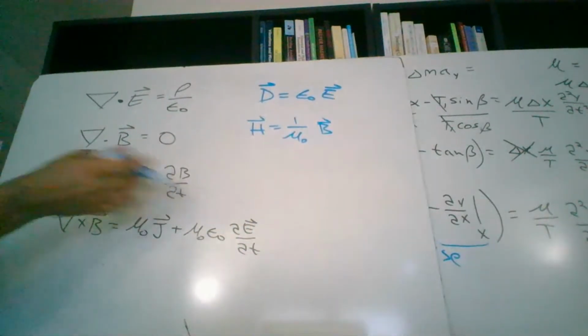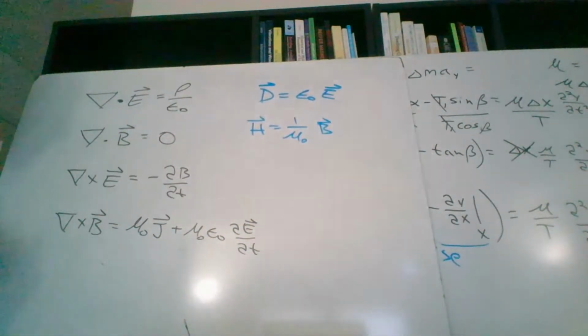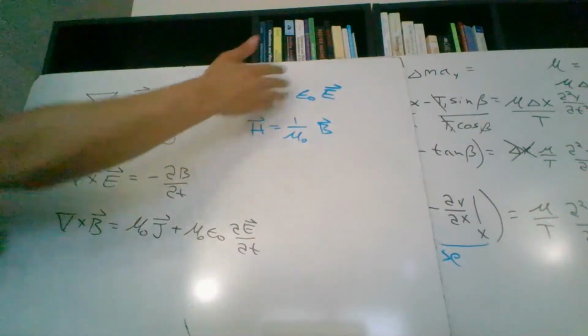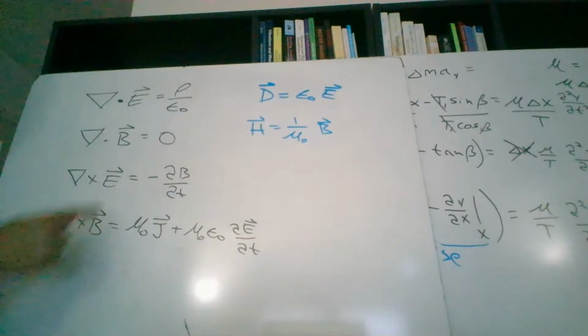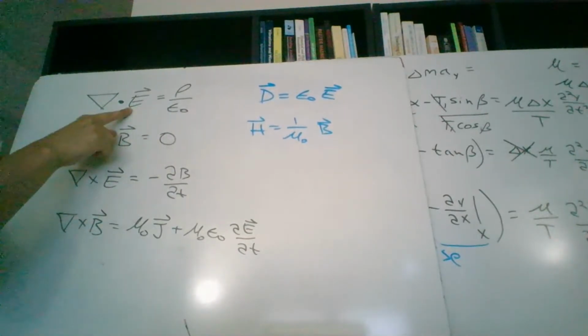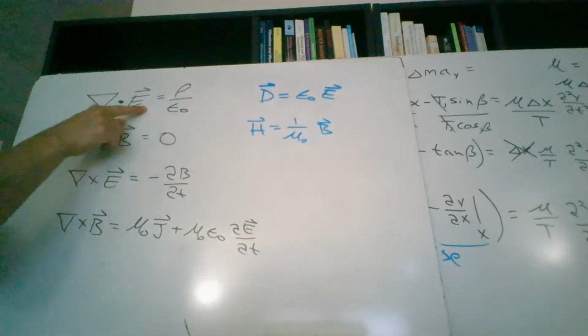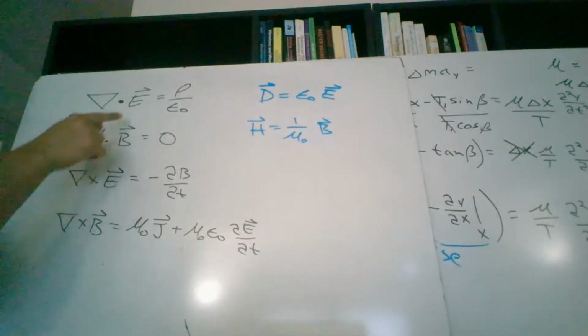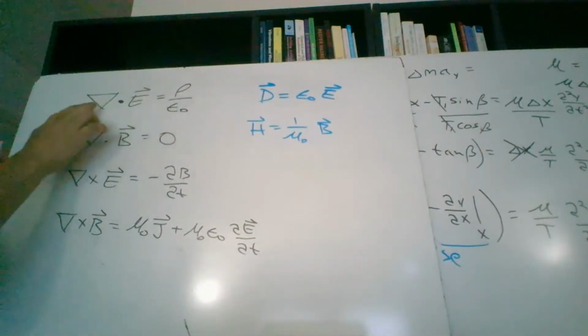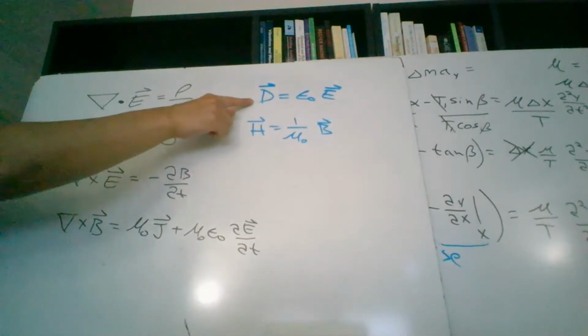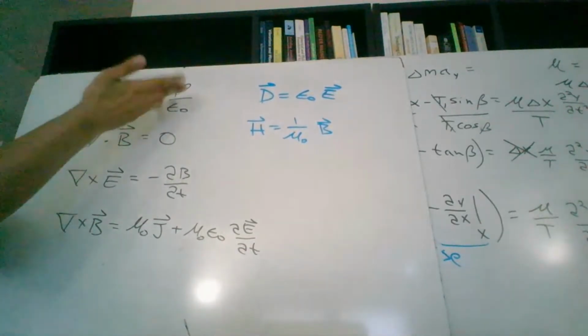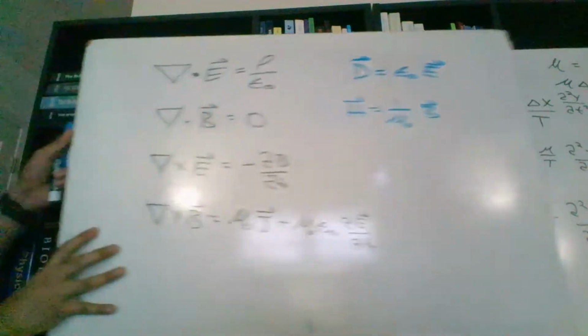That's going to make this look a little bit nicer, but all D and H are just getting rid of the epsilon naught. So if I divide the epsilon naught to the other side, this equation can be written as del operator times D, which is E times epsilon naught, is just equal to rho. So I'll write that out for you.